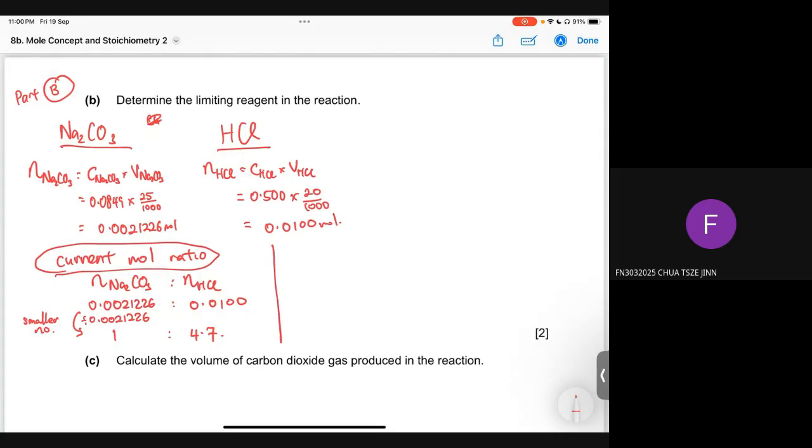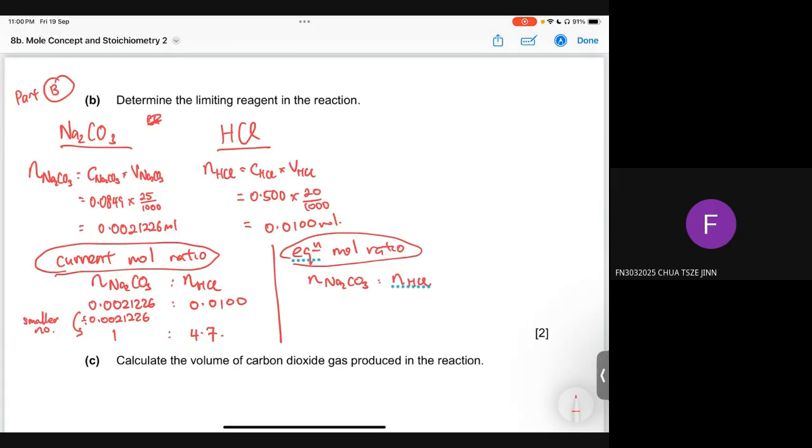Now, in terms of the reaction, in terms of equation mole ratio, I'm going to look at the equation mole ratio. So I'm going to compare my number of moles of Na2CO3 to number of moles of HCl from the equation.